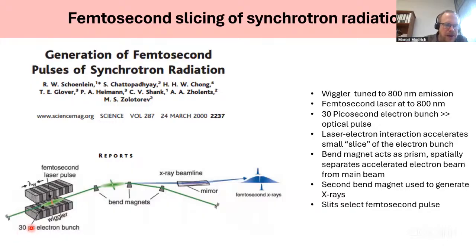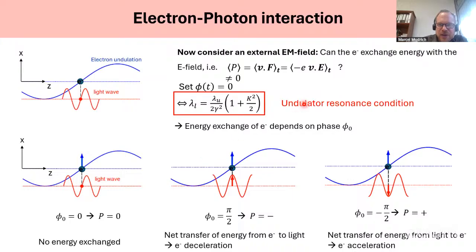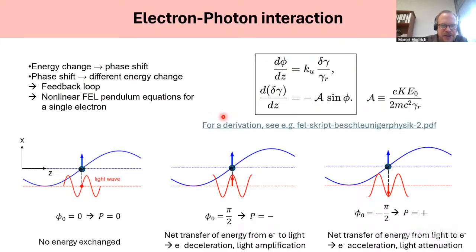Now, in order to meet this resonance condition, remember, this all only works if the undulator resonance condition is fulfilled. So if the laser wavelength just matches the wavelength of the undulator radiation emitted by the electrons.